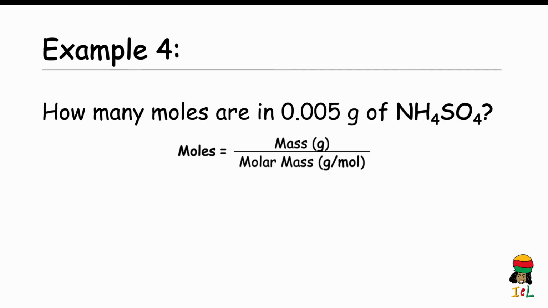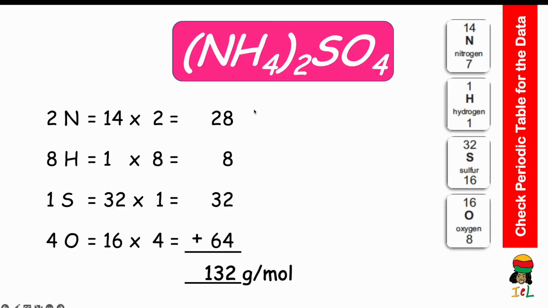Example 4. How many moles are there in 0.005 grams of ammonium sulfate? And we can calculate the molar mass of ammonium sulfate. So following the typical rule for finding the molar mass, ammonium sulfate works out to be 132 grams per mole.